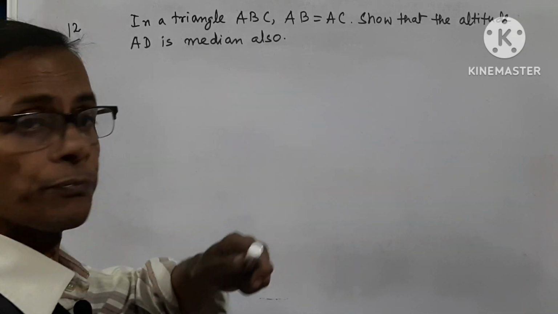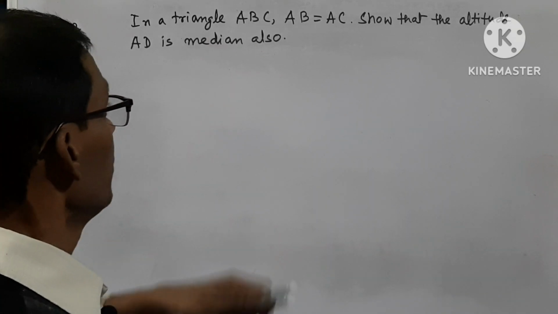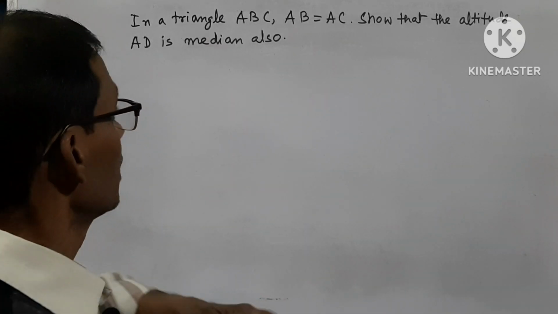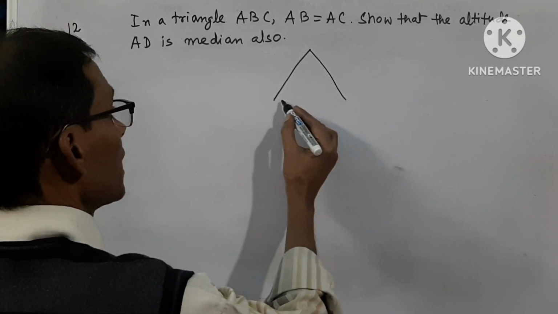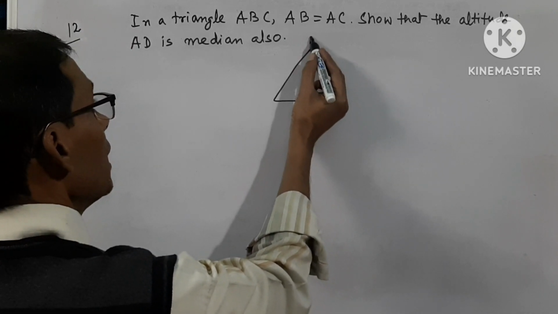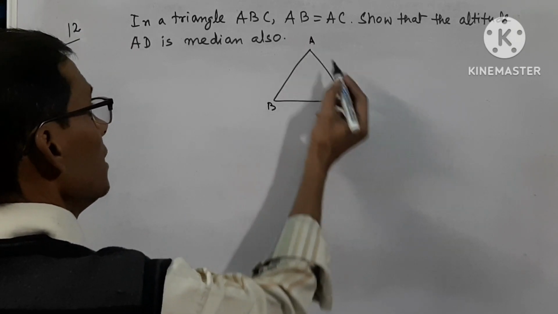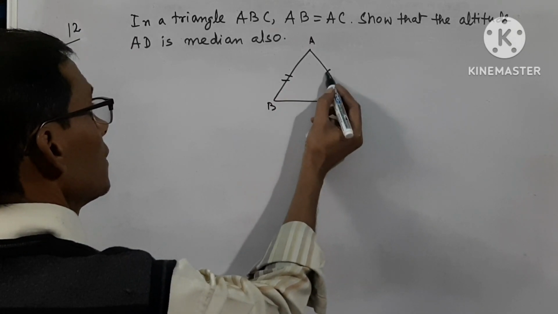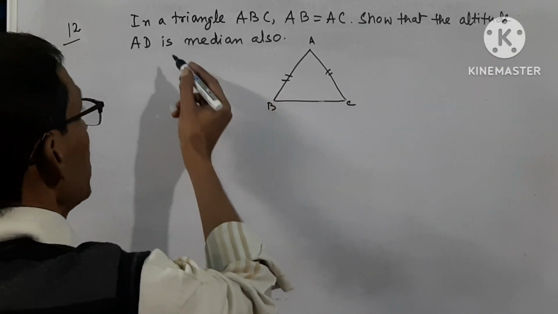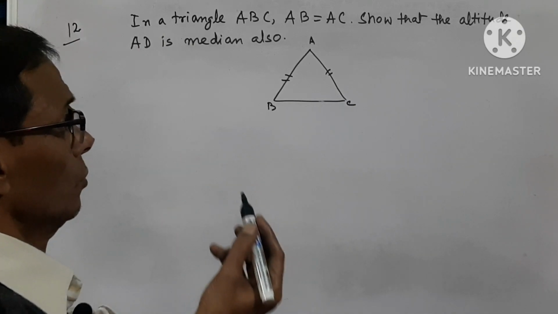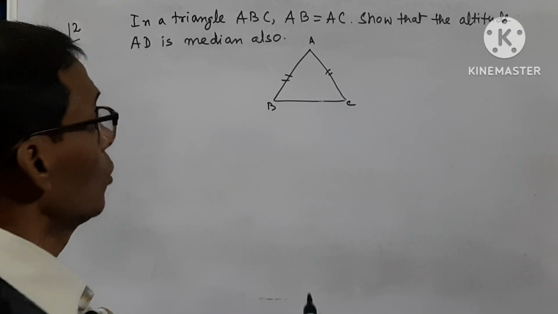Question number 12. In a triangle ABC, AB and AC are equal, so it is an isosceles triangle. Show that the altitude AD is also a median.